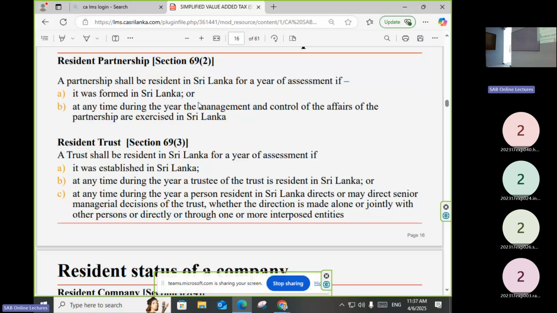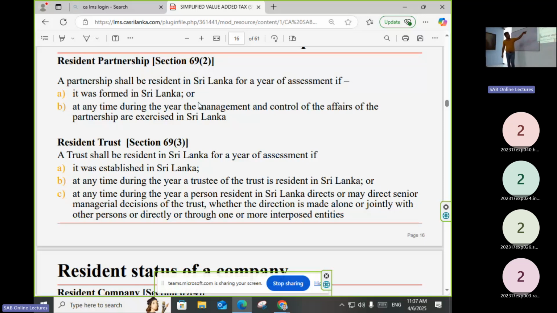At any time during the year, the trustees are resident in Sri Lanka. Or at any time during the year, a person resident in Sri Lanka directs or may direct the senior managerial decision of the trust. It means not necessarily trustees.